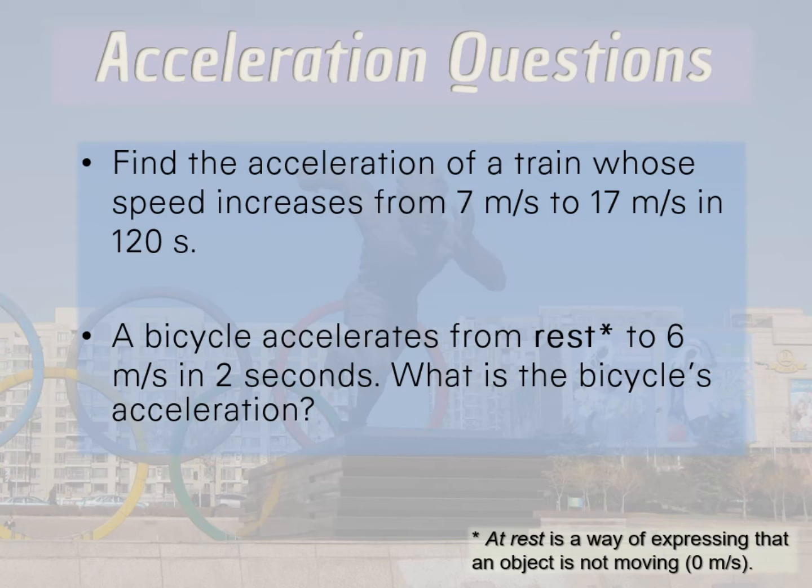What is the bicycle's acceleration? And we'll mention as we pass here that at rest is a way of expressing that something is not moving. In other words, that it has a speed of 0 meters per second. So if you accelerate from rest, that means you are not moving when you begin to accelerate.